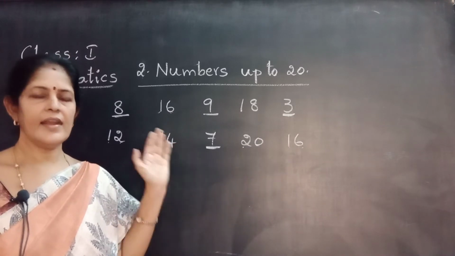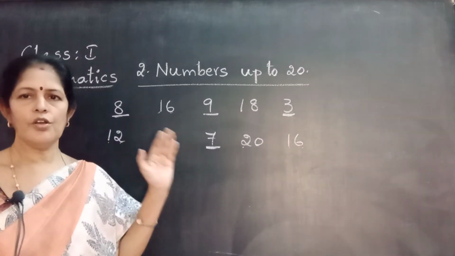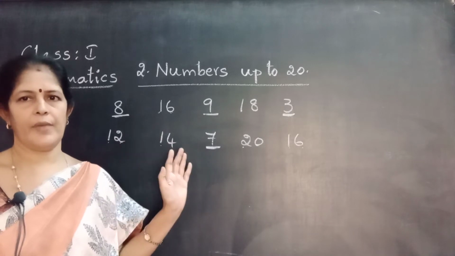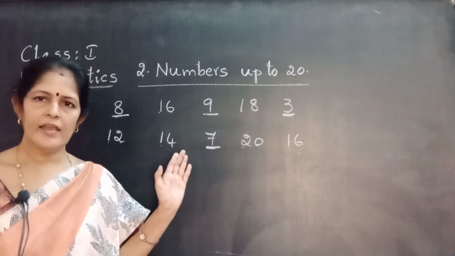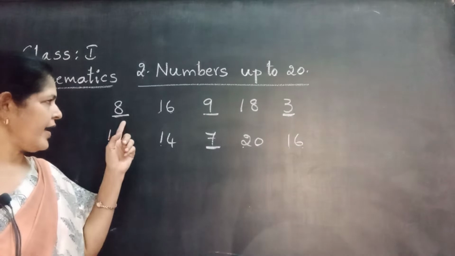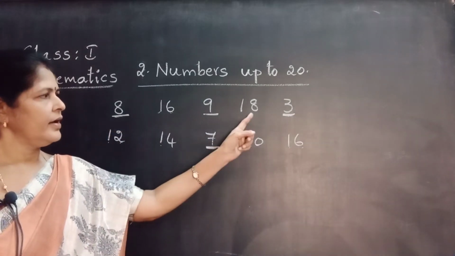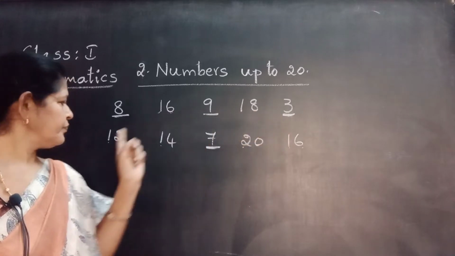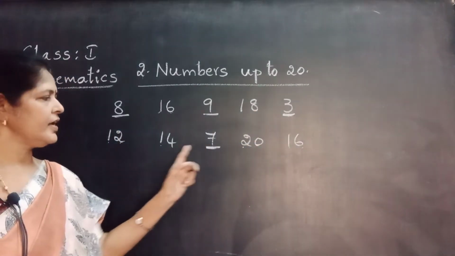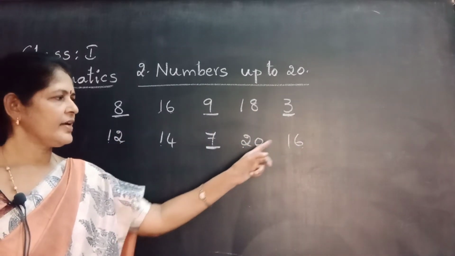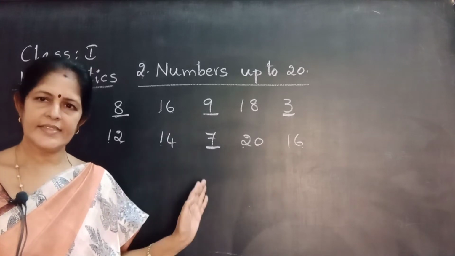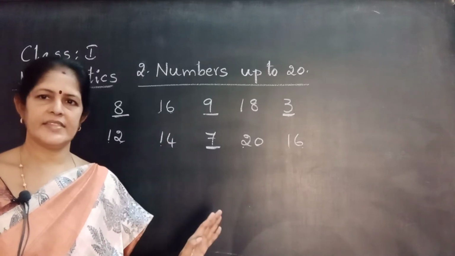These are the numbers from 1 to 20. How to read the numbers? Once again: 8, 16, 9, 18, 3, 12, 14, 7, 20, 16. One digit numbers and two digit numbers.